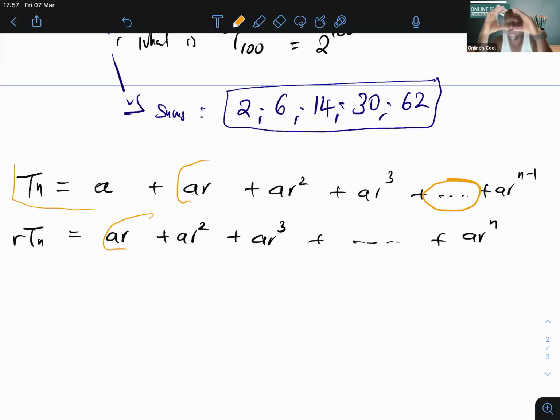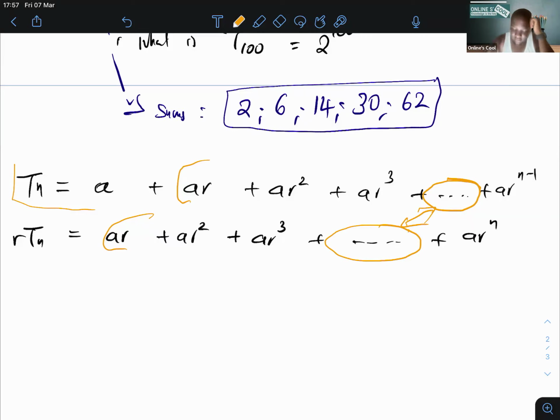So we've got the first equation. We want to come up with a second equation that's largely similar to the first equation, so that the dots are going to be the same in both, and we can remove them completely. We can assume that it's going to be the same, whether it's a million or 100 or whatever the case is.